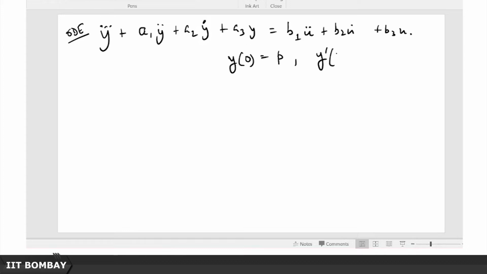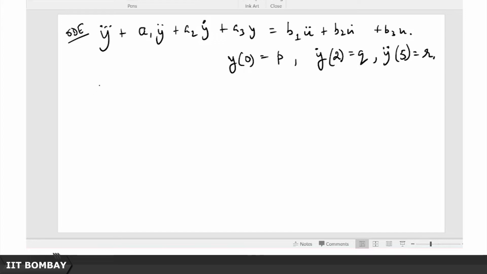For example, y dot of 2 is equal to q, and y double dot at, let's say, 5 is equal to r. You should be able to solve this differential equation, right?